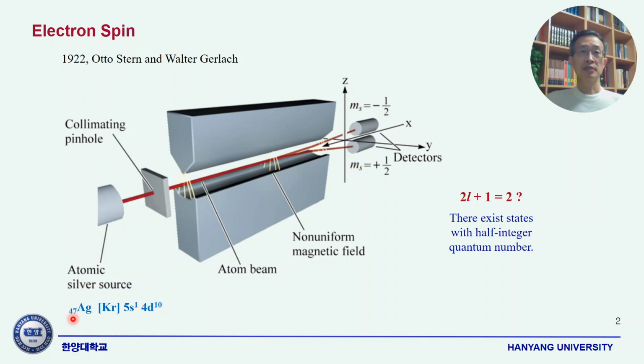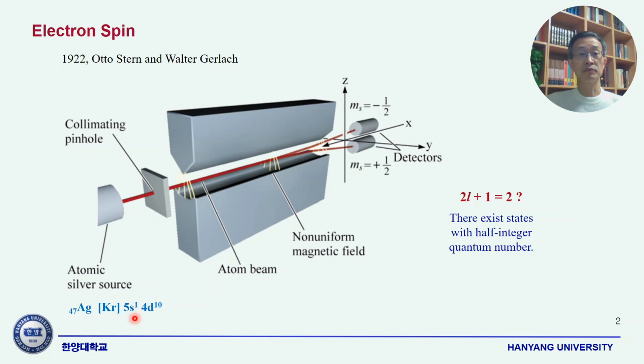Let's take a look at its electron configuration. Of course, we now know those things, but it has a krypton core. We had this in general chemistry, so you know this. The krypton core, 4d10 and 5s1. So except for the outermost s orbital, all the inner orbitals and the 4d orbitals are filled, meaning they are closed shell.